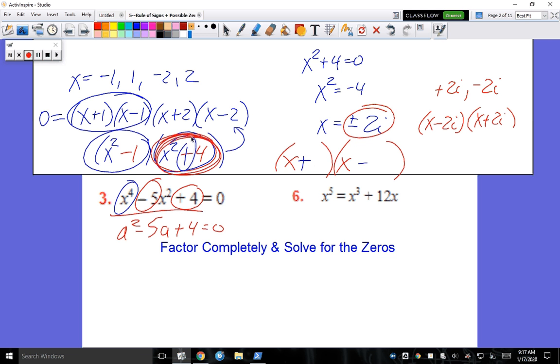So a sum of squares I would still treat like a difference of squares. But when I see that 4 right there, I'm not thinking 2 and 2. I'm thinking 2i and 2i. So if you want to use that, you are more than welcome to. Just don't call it a sum of squares. Do you understand? Because those aren't real numbers.